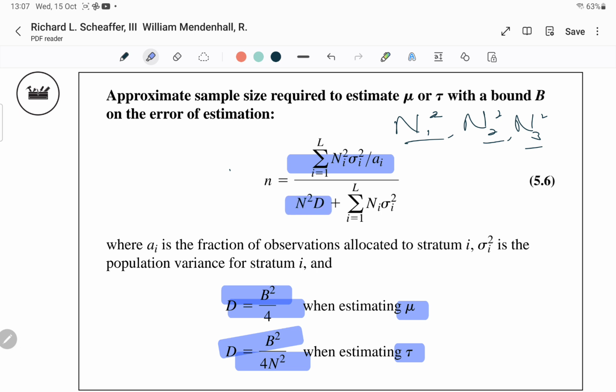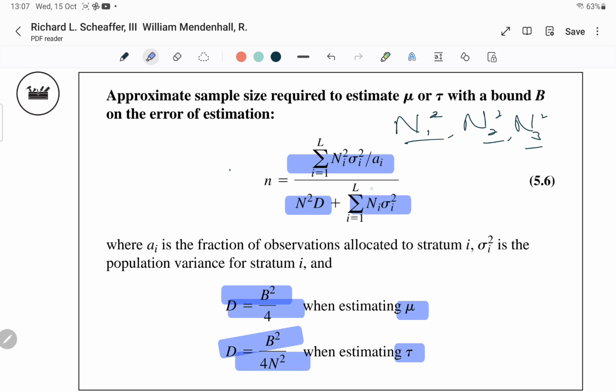Now N square D. How do we calculate the N? N is equal to N1 plus N2 plus N3 equal to capital N. Once you have the capital N, you have to take the square of it. So you will have that number, and D is equal to 1 already. We have estimated that. And the rest of the term is this one.